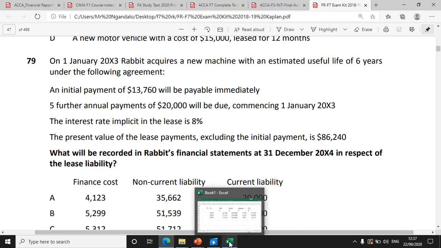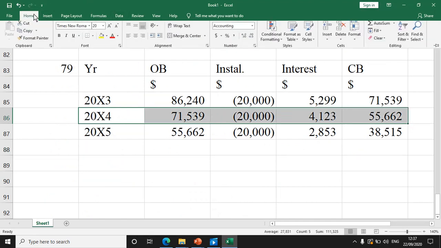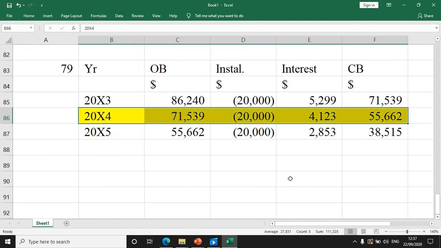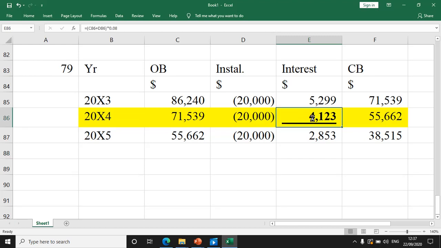So target X4. Which line is this? This line here. I hope that you can see that. That's the line that we are targeting. So our finance cost in X4 is that figure that is in bold there. Okay, we can underline that one. Yes. What else do you have?